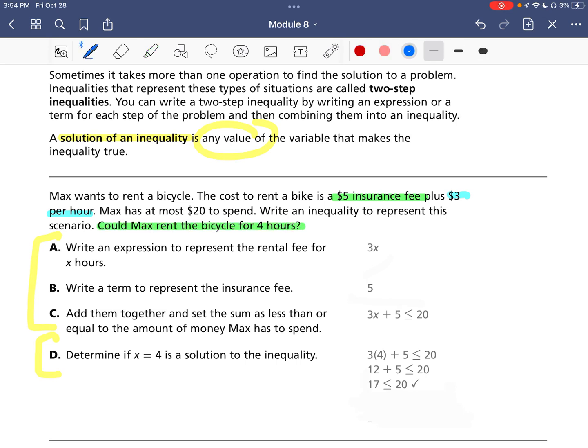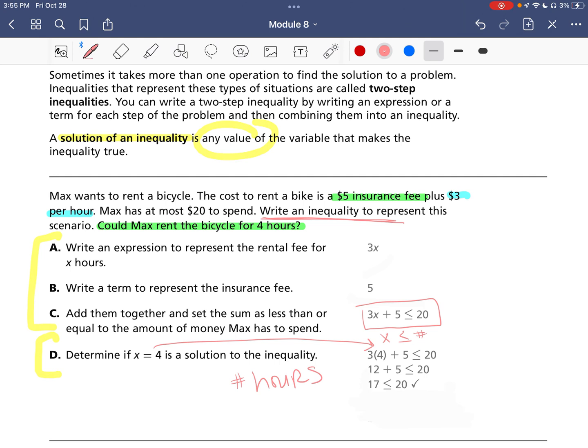So there are the answers that we were looking for. We needed to write an inequality, so we didn't need to solve it. If it was asked to solve it, we would have needed to get this to X is less than a number. But it just said to write it, which works out because then we're able to substitute in for X the number of hours that he wants to rent the bike.